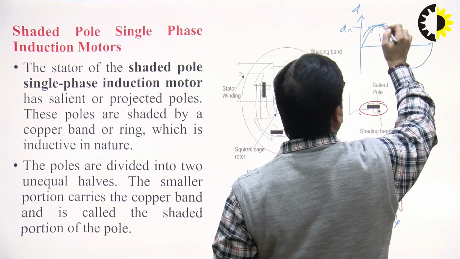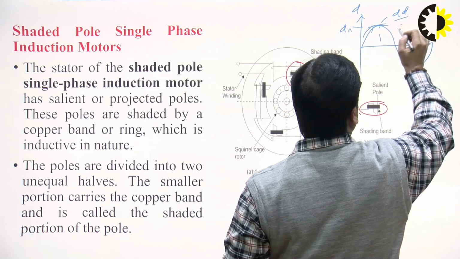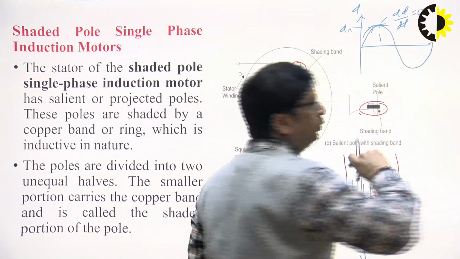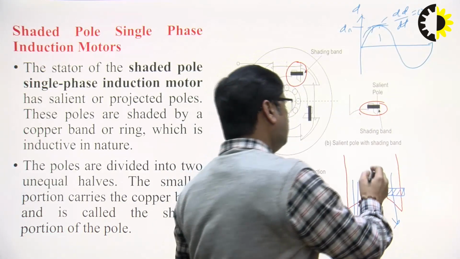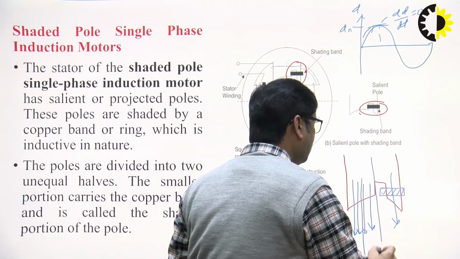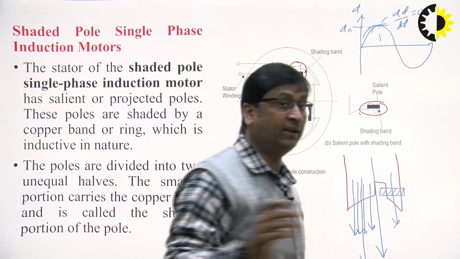At this point, d phi by dt will be 0. No flux change, no induction. So the resultant flux, or magnetic axis, will be at the center.